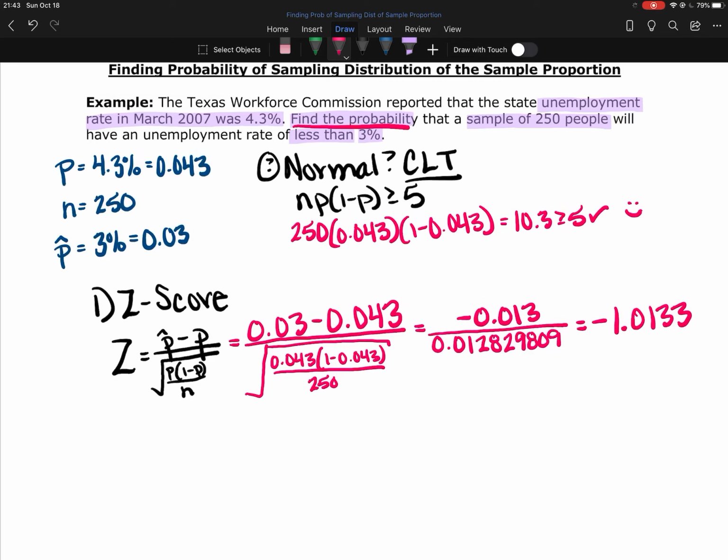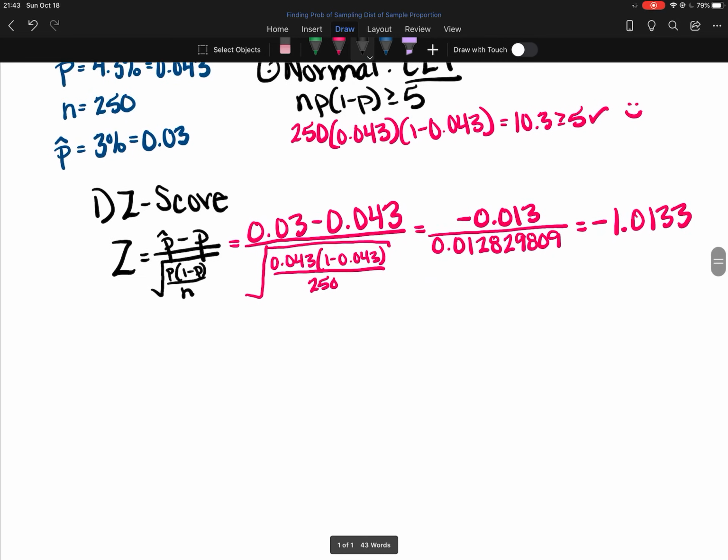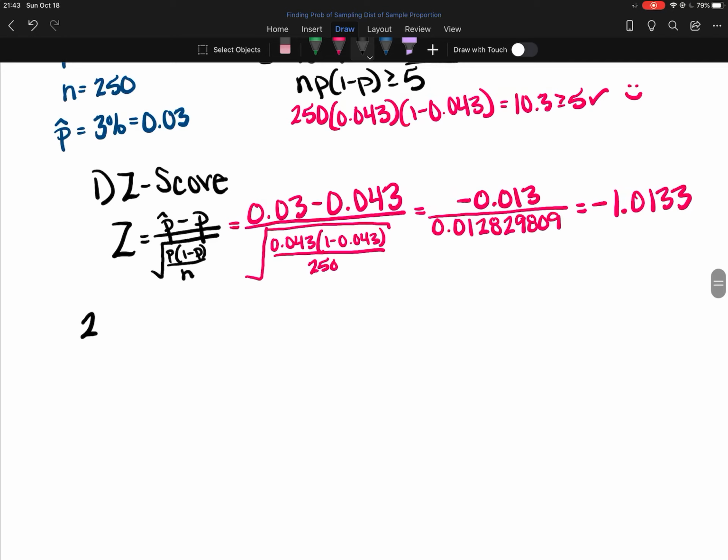As I've said, I'm used to giving 4 decimals, so that's why I do it. So that's step 1. Now I have a z-score. This z-score is treated the same as any other z-score. It's telling me how far away from the mean I am in terms of the standard deviation. So I'm a little over 1 standard deviation away from the mean.